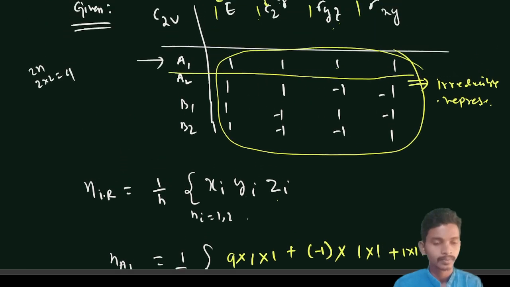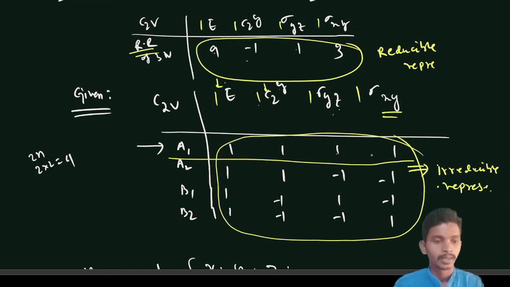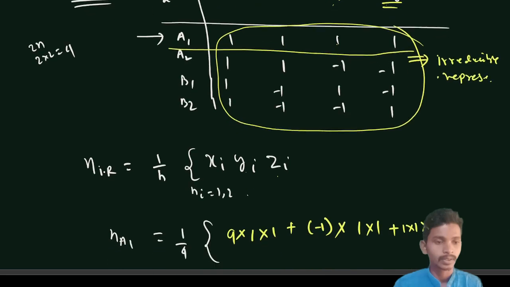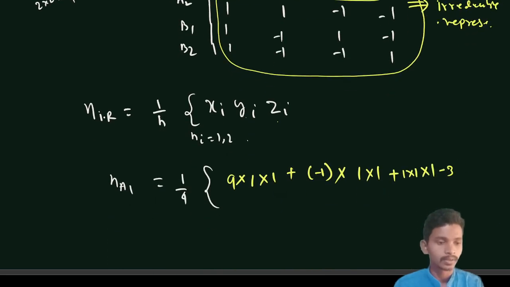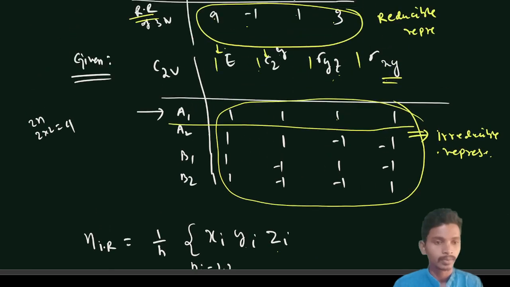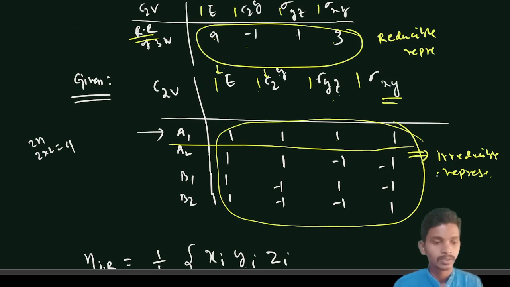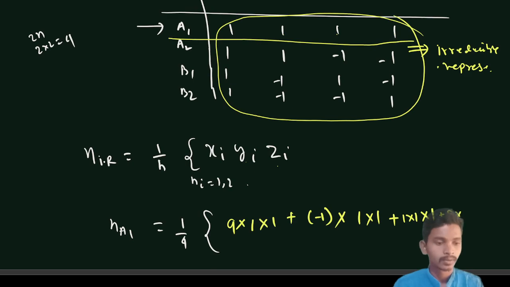After that I go for the last value: the irreducible representation is 1, the reducible value is 3, so 3, and the coefficient is also 1.